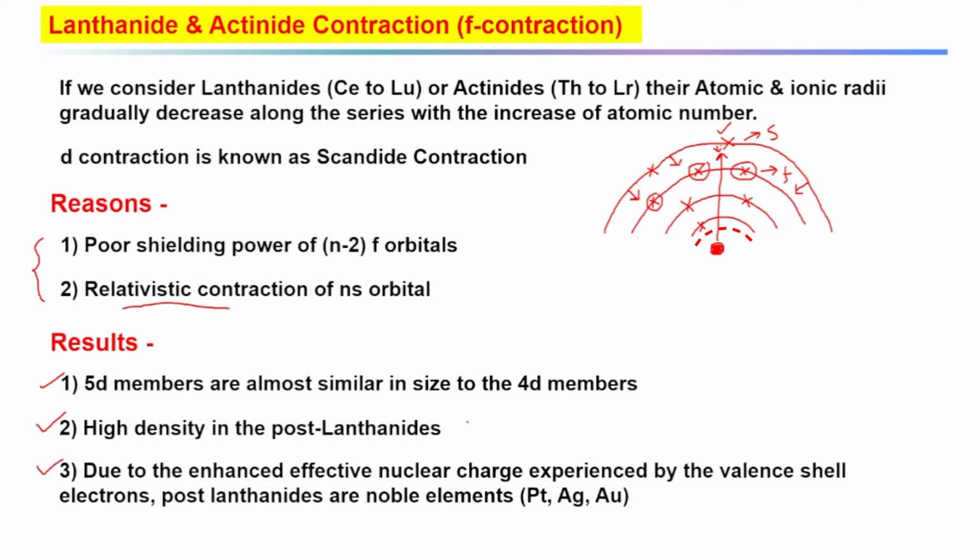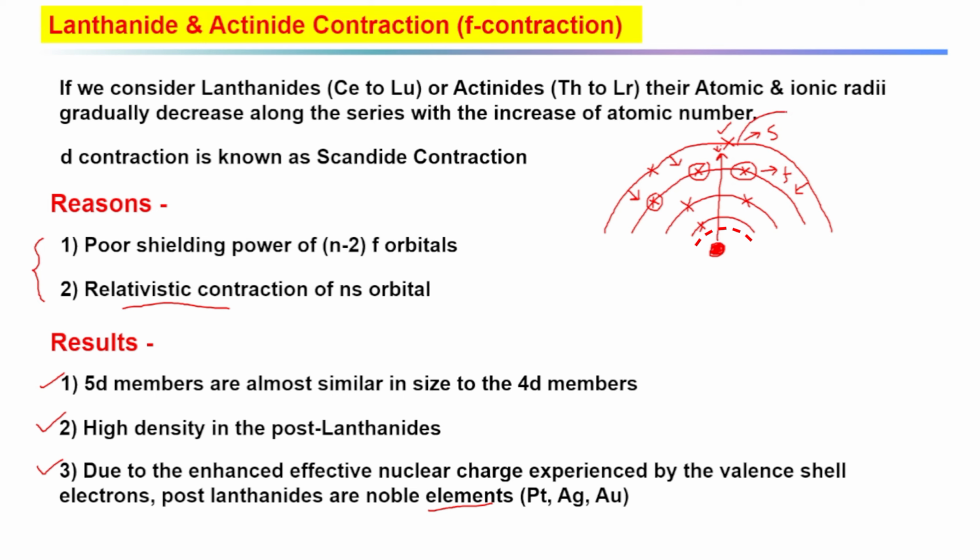Now let's try to understand this point. You see this nucleus is attracting these valence electrons. So these electrons have higher affinity to the nucleus, and that's why they will not get lost. You cannot simply or easily remove these electrons.